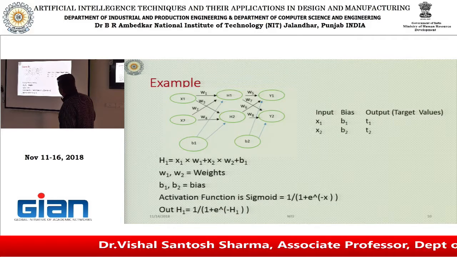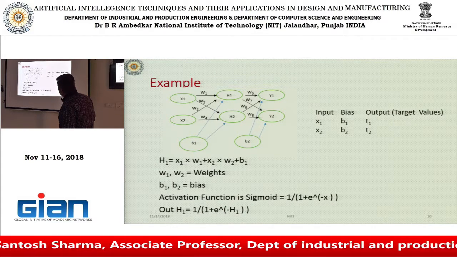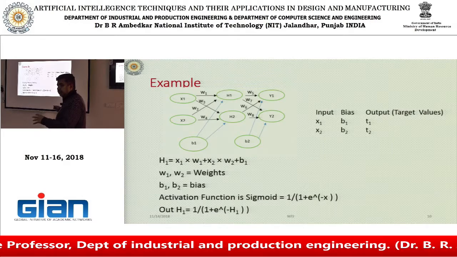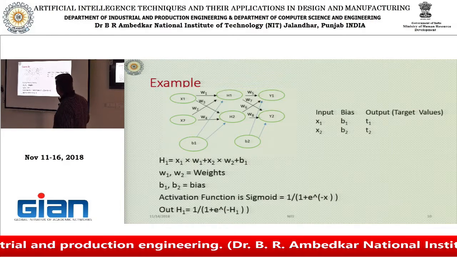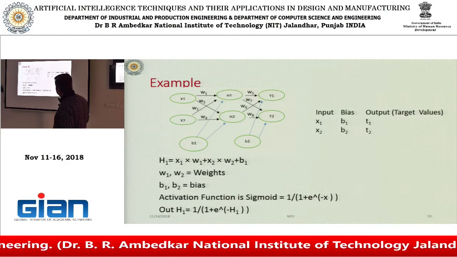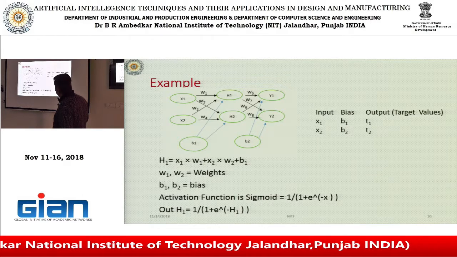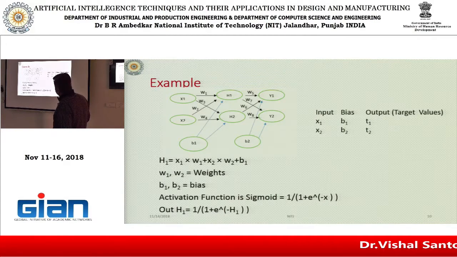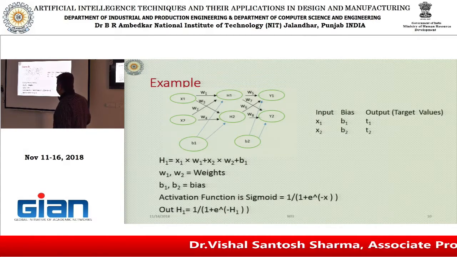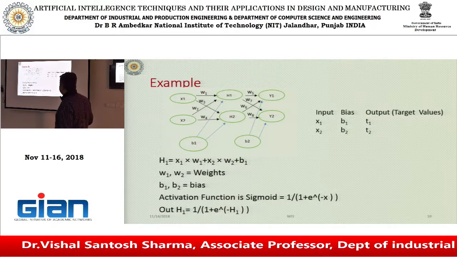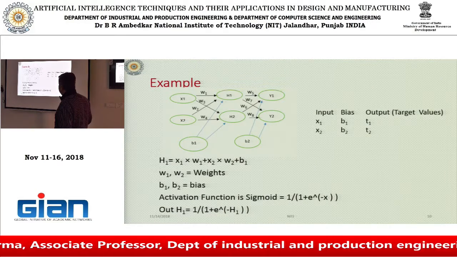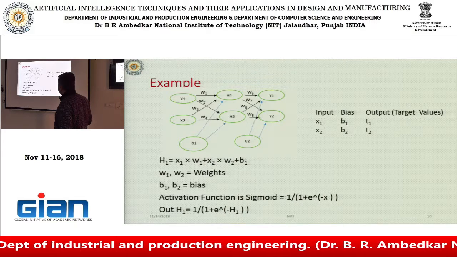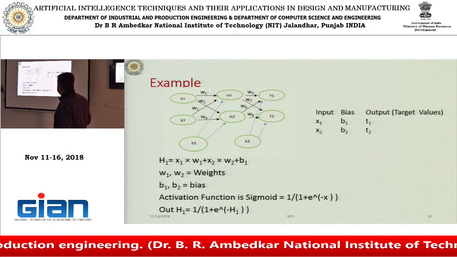In the same way, h2 has input from here, this input multiplied by w4, this input multiplied by w3, plus the bias. Now in order to have the output from here, you require the activation function which is sigmoid, and this is the equation for that.